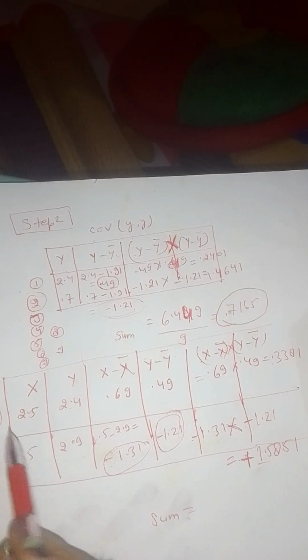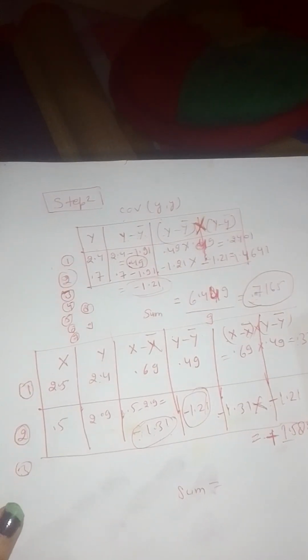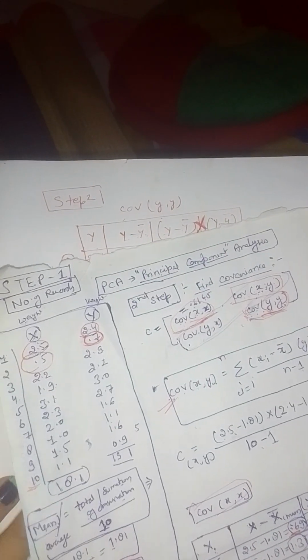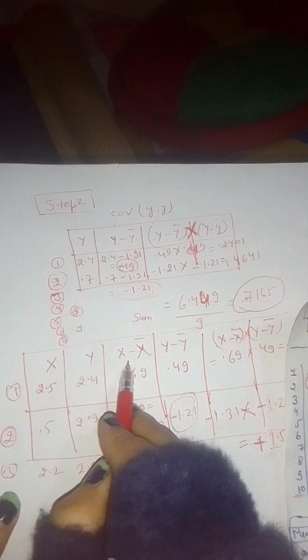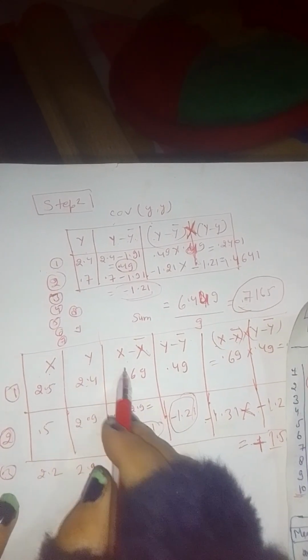We have calculated this whole table. To calculate the covariance, for record 3 we will take x as 2.2. Again y is 2.9. So what you have to do is x minus x bar. What is x?